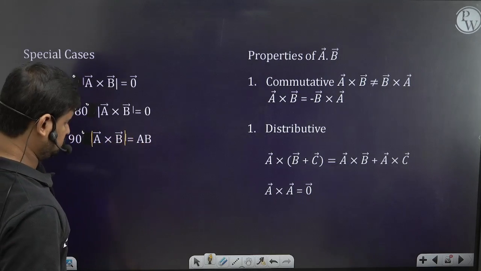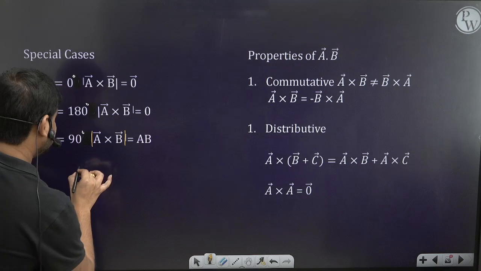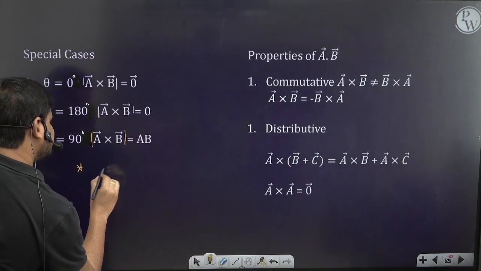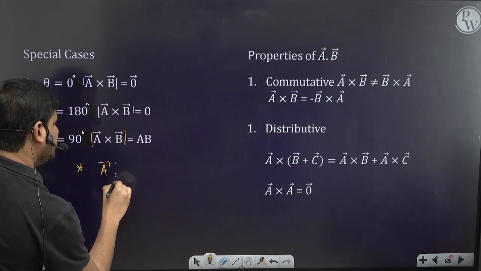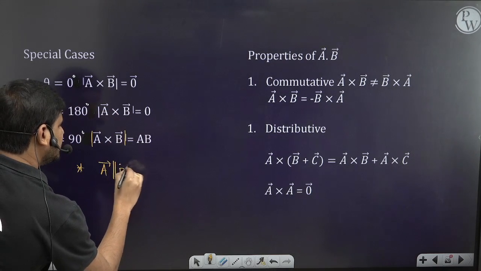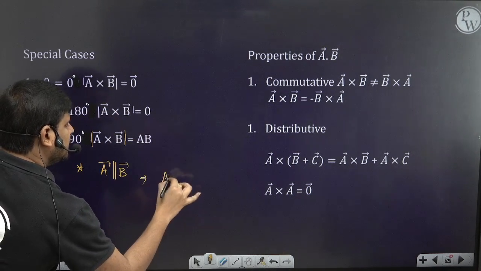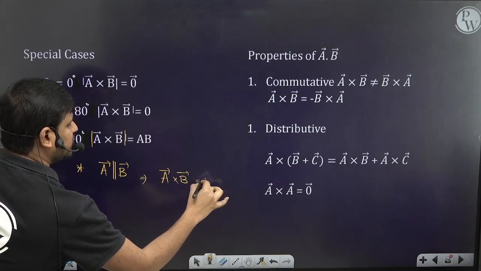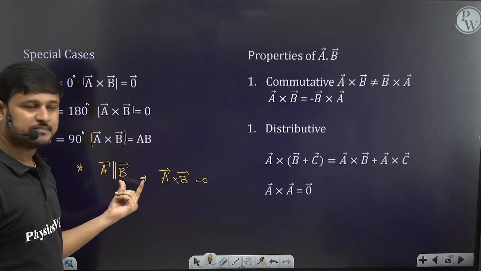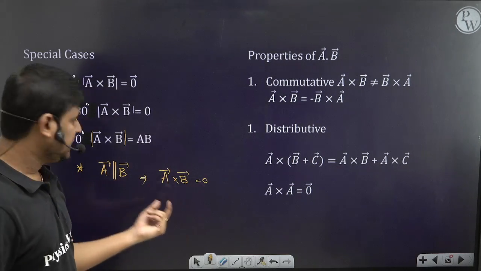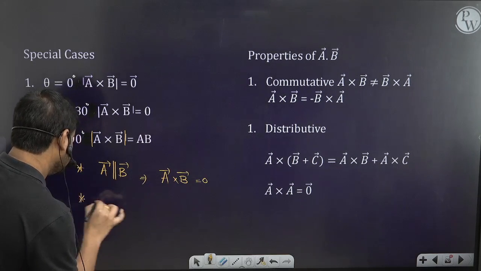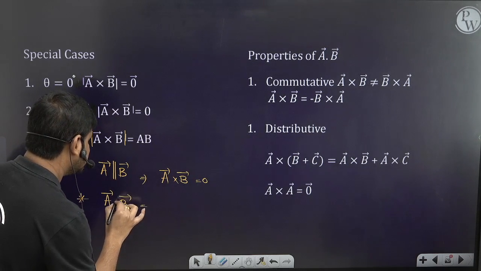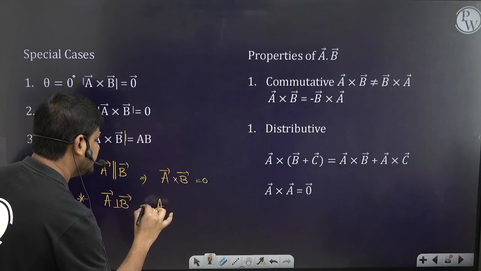One thing you should remember: if two vectors are parallel, their cross product is 0. If A is parallel to B, then A cross B will be equal to 0. If two vectors are perpendicular, their dot product is 0.